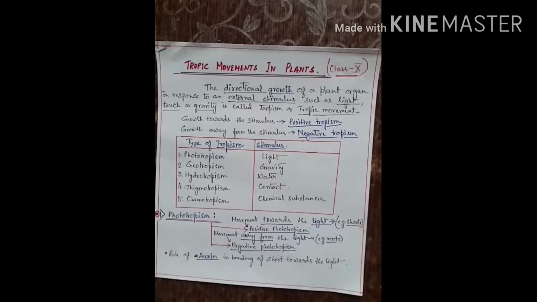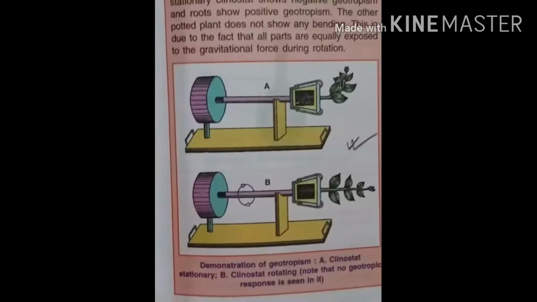Let us understand the role of auxin in a bending of a shoot towards the source of light. In such a situation, auxin gets accumulated on the dark side of the shoot resulting in rapid cell division of the site. That means they will start to grow, thus causing the bend of the shoot towards the source of the light. Question in the form of give reason may come.